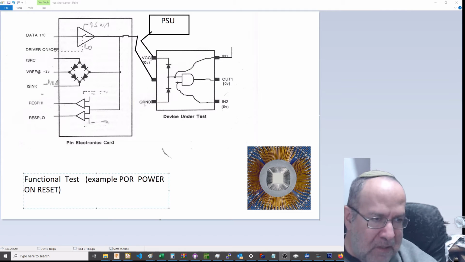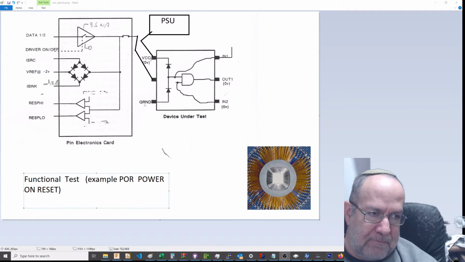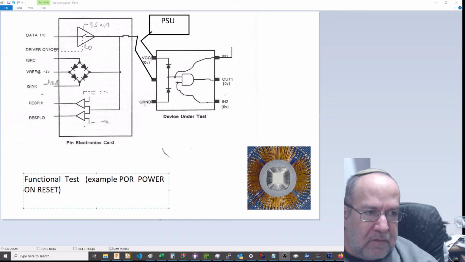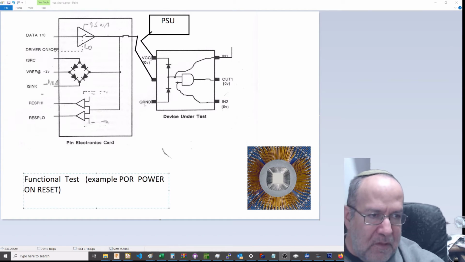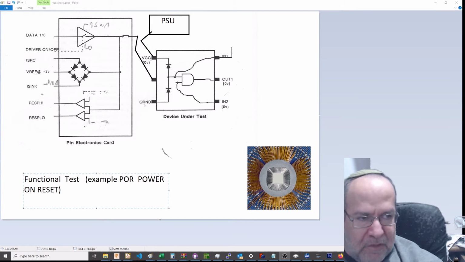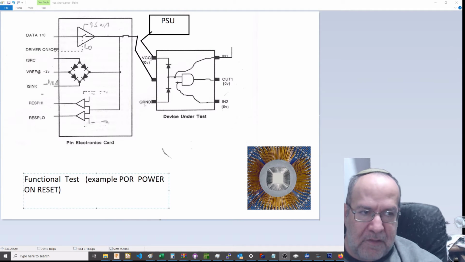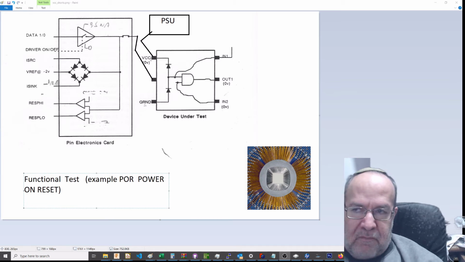What happens if I give it 2.5 volts? Okay, all these things are parameters which are changed within the tester as the device is characterized.